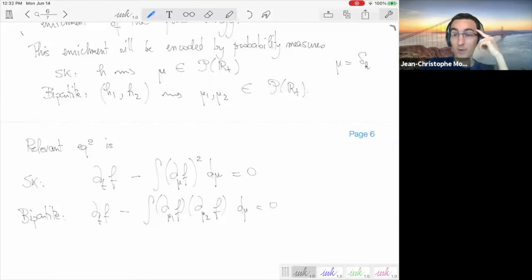Yeah, so there's a question about what is the intuition for replacing H by a probability measure. This is related to what I was saying is a difficult thing to explain in 2 sentences.